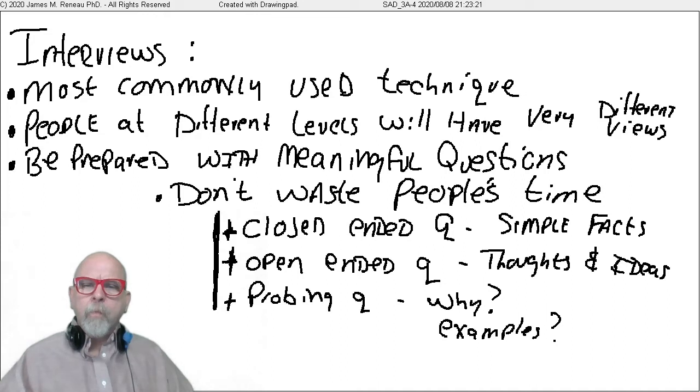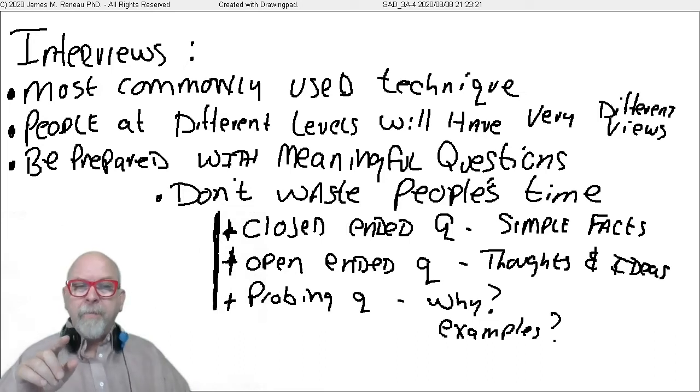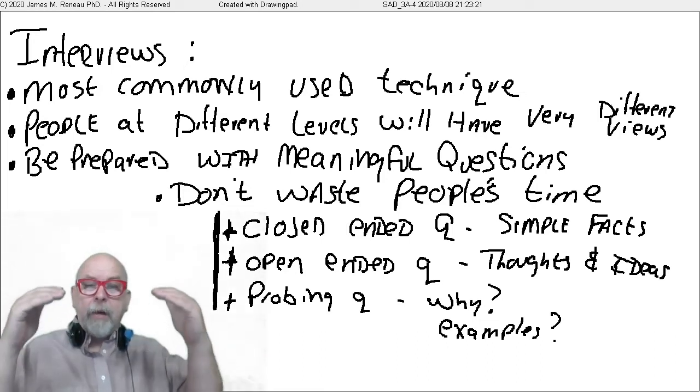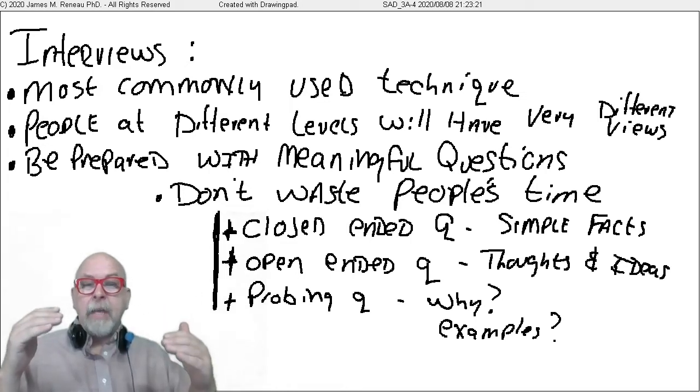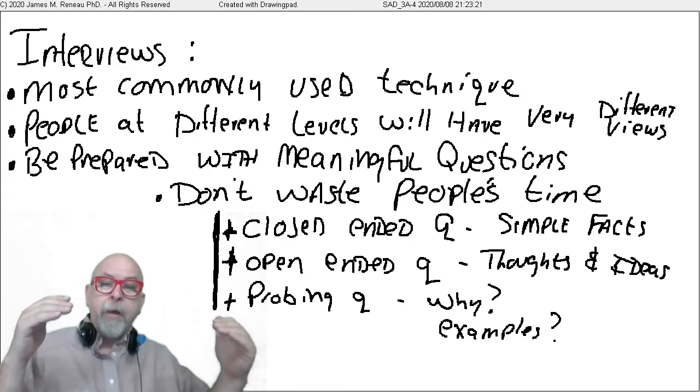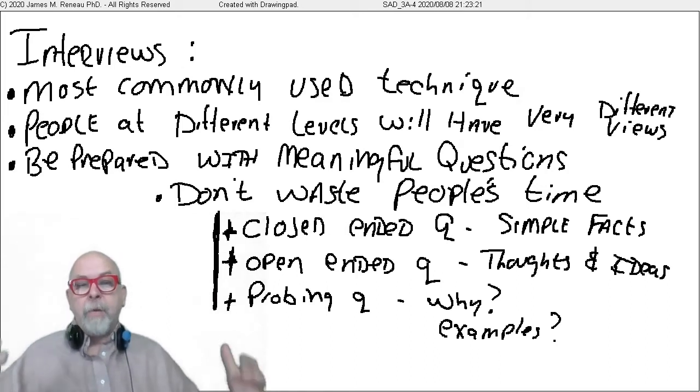Well, it looks like that's a very complex problem. Can you explain that to me? Can you lay that out step by step, how that works? And how do you handle this exception? Get them to tell you their thoughts, get them to tell you their ideas, and that also leads into probing questions, which are a kind of open-ended question that's really open-ended.